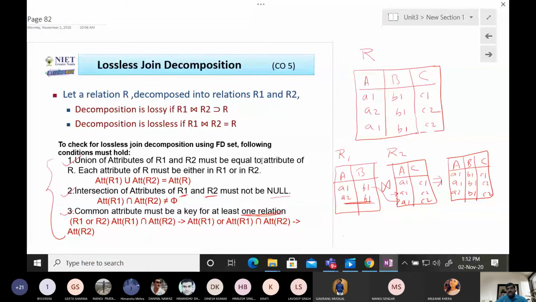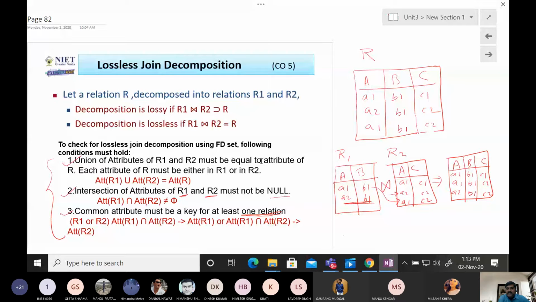Questions have been asked in AKTU and GATE examinations whether a decomposition is lossless join decomposition or not, and second, whether dependencies are preserved in this decomposition or not. For that, we will check the fourth condition.